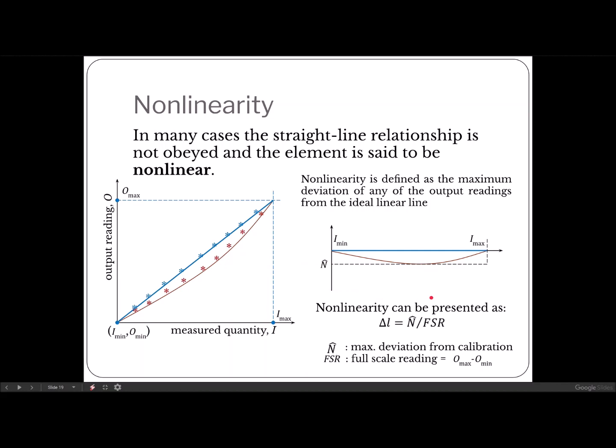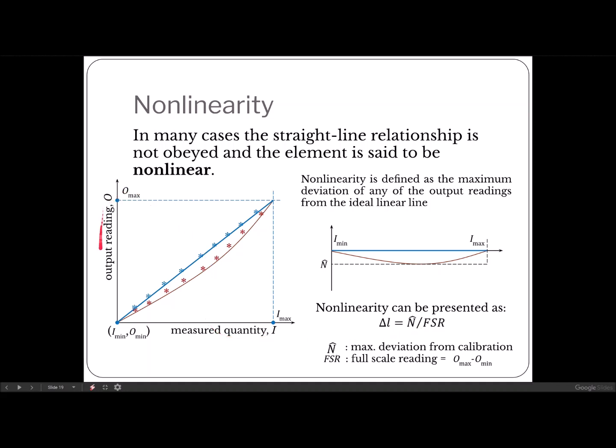From there we can define a measure of the nonlinearity. Nonlinearity is presented as the maximum discrepancy between the ideal and the real one, which is this one. We call it n hat here. So n hat is the maximum deviation from the ideal condition, and the nonlinearity is n hat divided by the full scale reading. What is full scale reading?